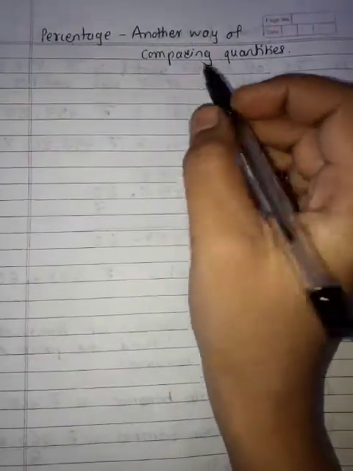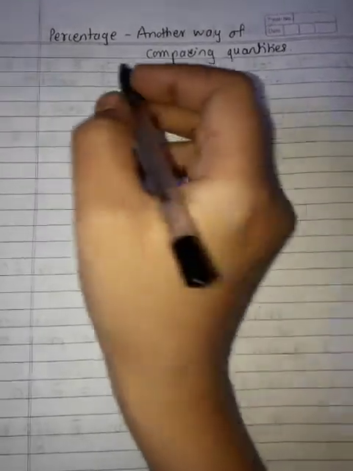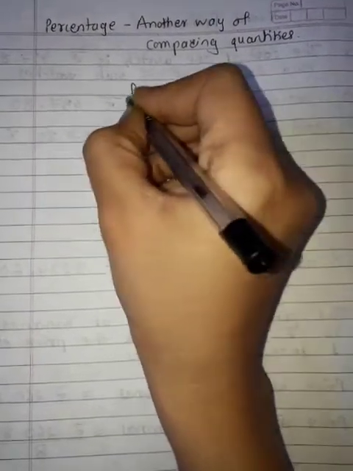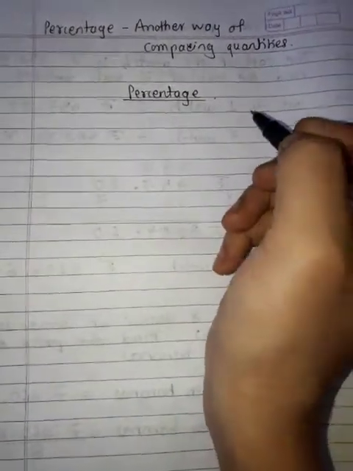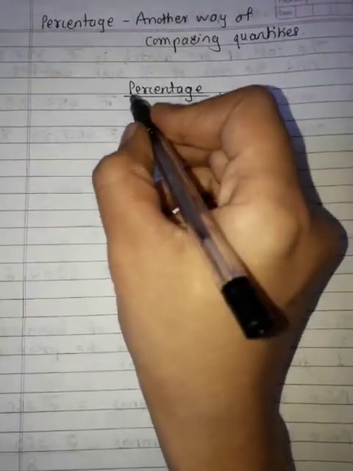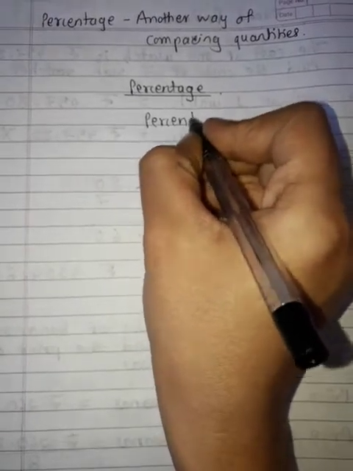In today's session we are going to discuss the next point, that is percentage, which is another way of comparing quantities. First of all, in the word percentage you observe there is a word percent.